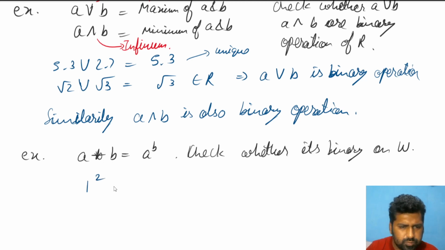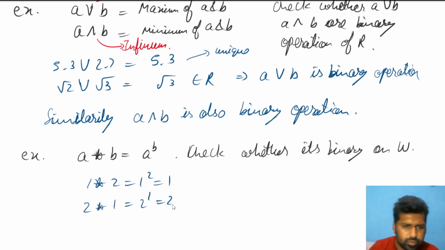1 raised to power 2, it will be 1. Sorry, 1 star 2 means 1 raised to power 2, so 1. So it has a unique value. 1 star 2 will always be 1, it will not change. And 2 star 1 will be 2 raised to power 1, that's 2. 3 star 4 will be 3 raised to power 4, which is 81.